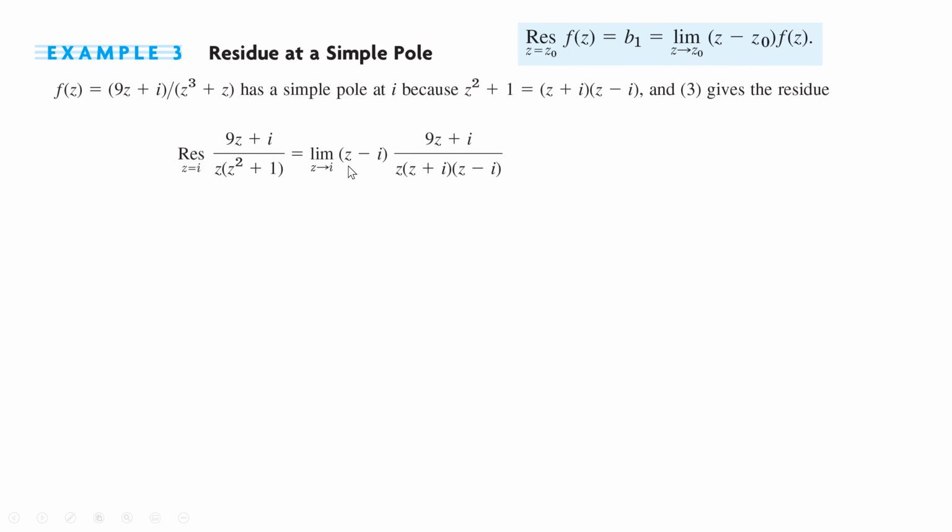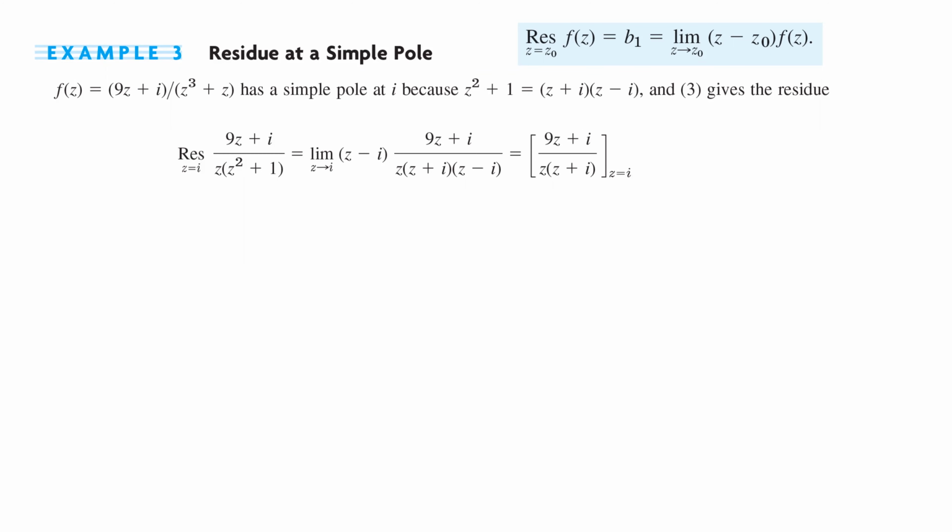So you multiply this whole thing by z minus i, and also factor the denominator, which becomes z times z plus i times z minus i, and you see that z minus i cancels, and then you get 9z plus i divided by z times z plus i, evaluated at i.